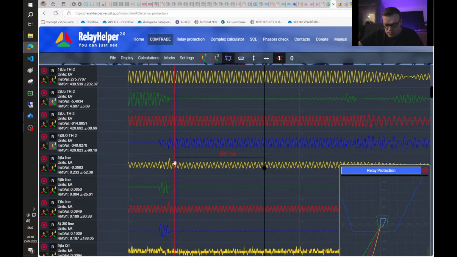And during single phase IR, it's just not in the zone.